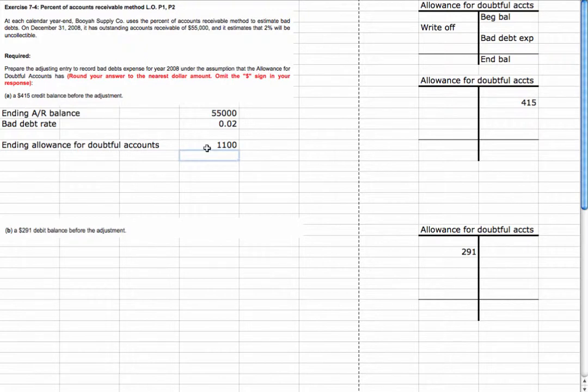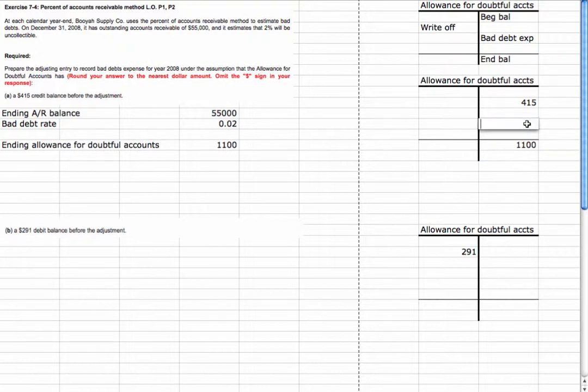So in essence, if I start with a $415 credit balance before the adjustment over here, and I have to have $1,100 here as my ending balance, the question then is, what do I have to put here as my bad debt expense in order to get to the $1,100?